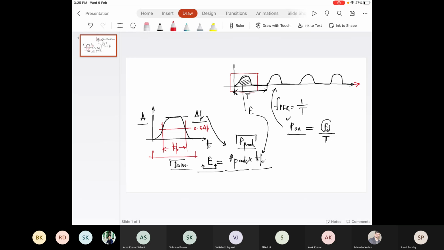You need to select this envelope; it's a unit signal that is repeated after interval T. E we have already calculated from equation 1, so you can write it as peak power into Tp, and 1 by T is the pulse firing rate.